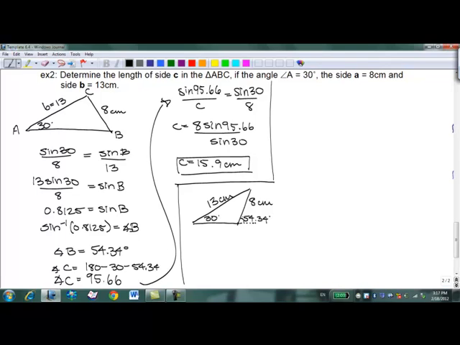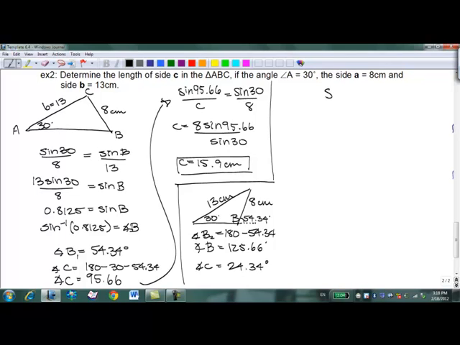When we do the ambiguous case, we end up with 54.34 degrees for B. That works, but it also means that angle B2, let's call the first one B1, is 180 minus 54.34. Remember, angles on a line. We end up with 125.66 degrees for angle B, which gives us an angle C, again using angle sum in a triangle, of 24.34 degrees.